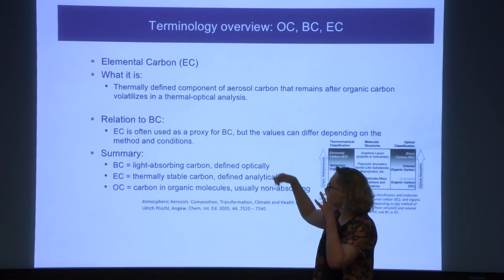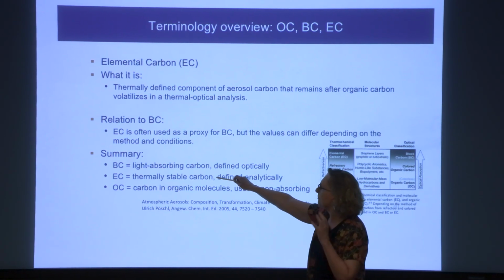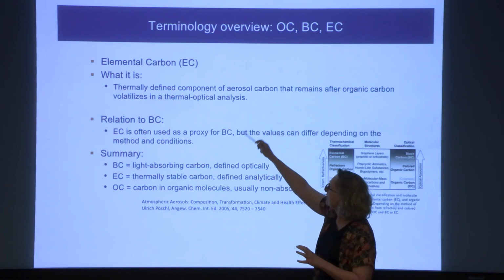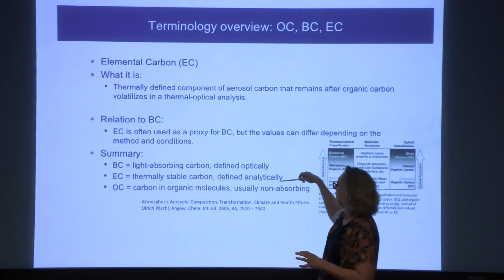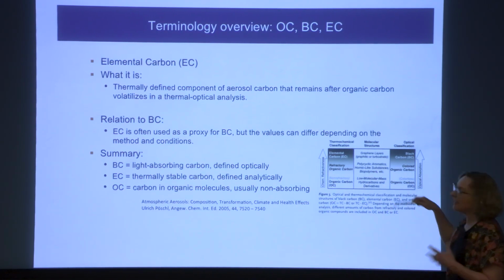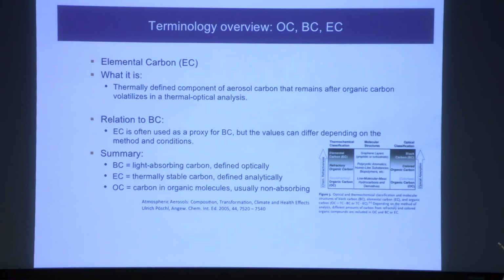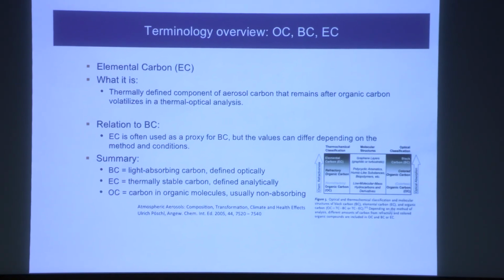If you use the same sample and measure the elemental carbon based on the thermal methods, you may not get the same micrograms per cubic meter. That's one of the struggles, and there are many papers that try to relate one to the other and examine what the differences are depending on how you measure it, which is very instructive.